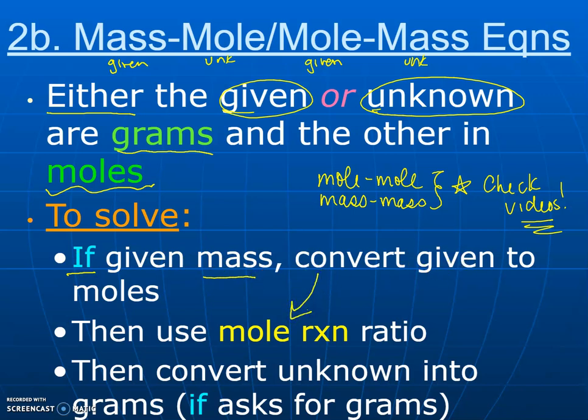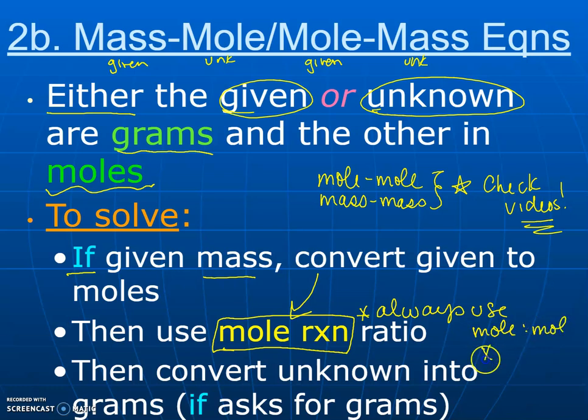So you use your molar mass in order to convert, then you use your mole ratio. In every stoichiometry problem, you will always use your reaction ratio, which is in the units of moles to moles. All balanced equations are measured in moles.